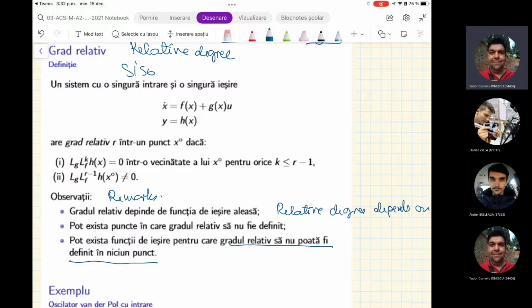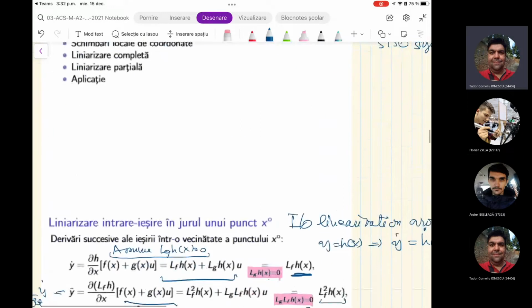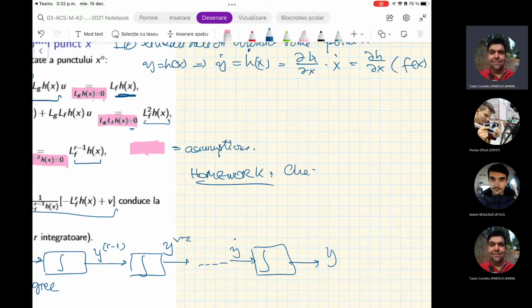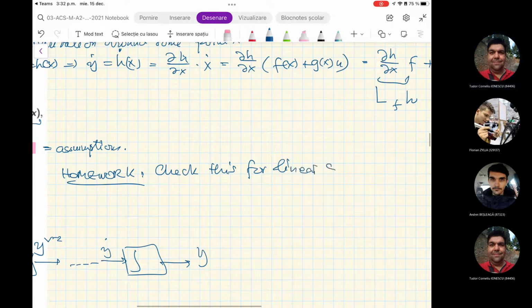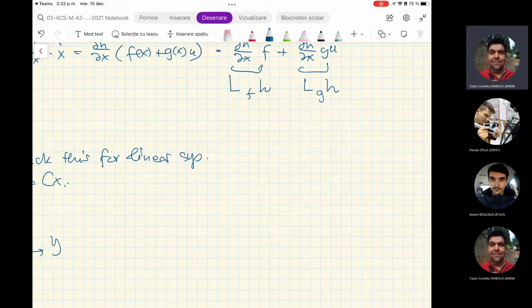And you'll see, if you check this property closely for linear systems, where y is Cx, small x, okay? Check this as homework.